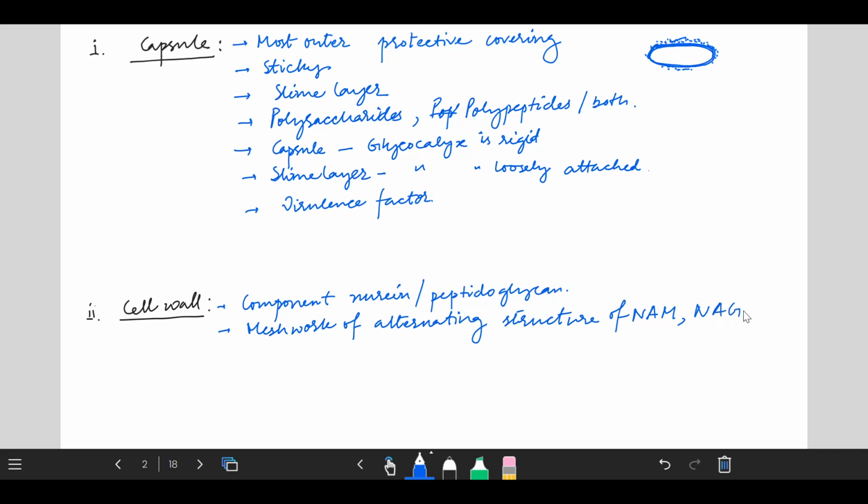What is the full form of NAM? NAM means N-acetyl muramic acid and NAG means N-acetyl glucosamine. There is a little bit of difference between gram-positive and gram-negative bacterial peptidoglycan structure. We will look at it.